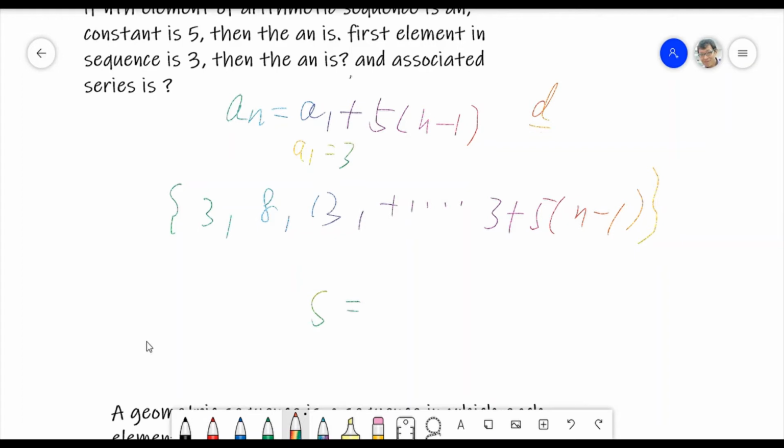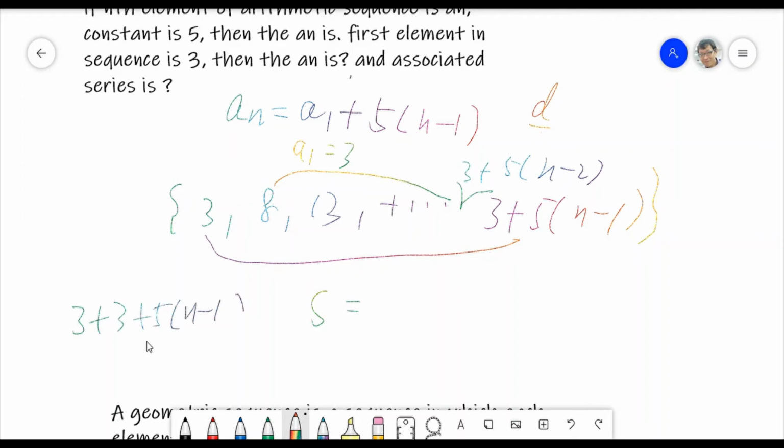Just make in between, the second to last is 3 plus 5 times n minus 2. Am I right? So the first to the last and the second to the second to last, if they add together, is that the same? That's counting. The first two added is 3 plus 3 plus 5 times n minus 1, right?